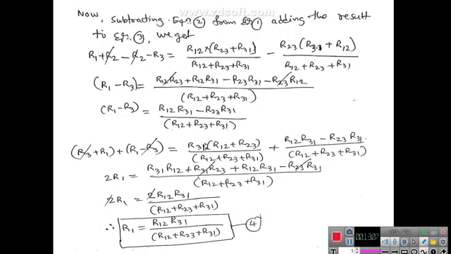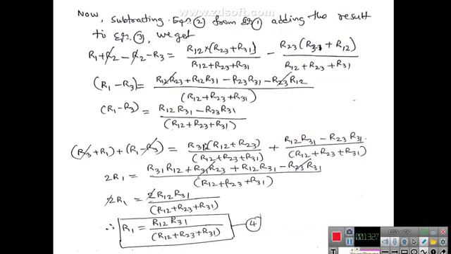So this is the equation you will get. This resistance R1 is nothing but the resistance connected in series with the terminal 1 in the star connected system. So that is how we can derive the equation for R1.